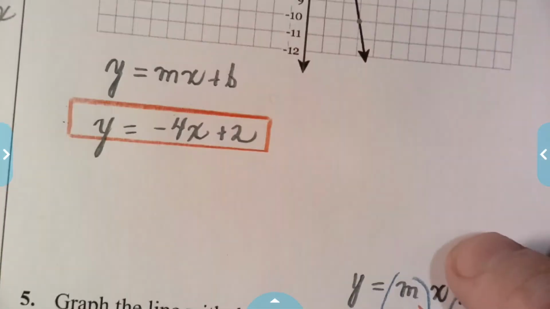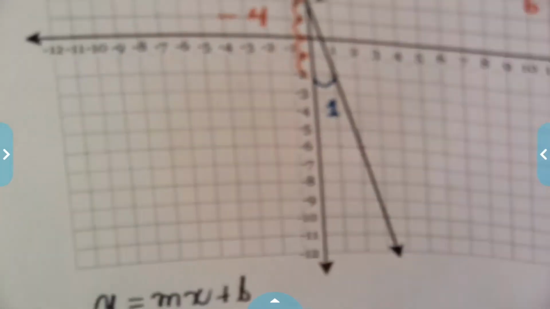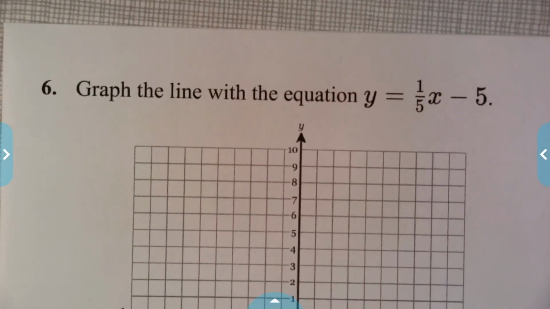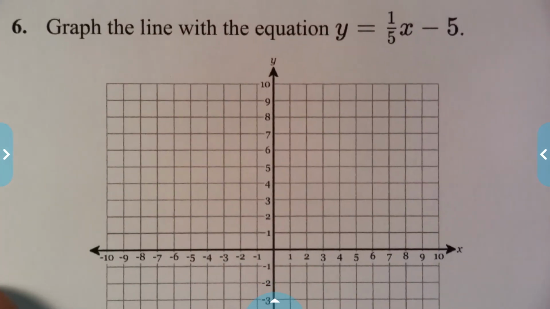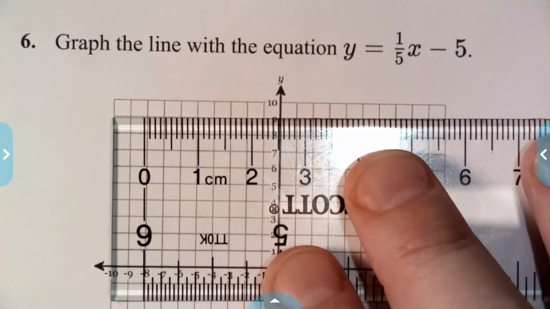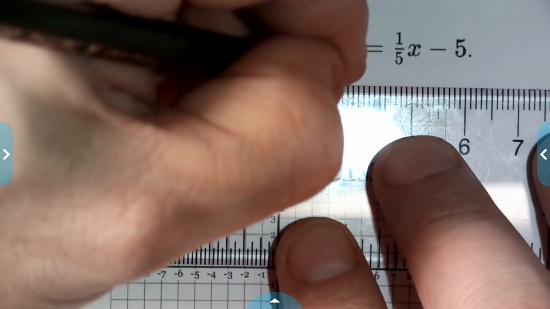Okay, so that's the end of number 5, and that means we're going to move on to number 6, which is the second page. Okay, so here we are again. Again, I like to do this same thing every time.